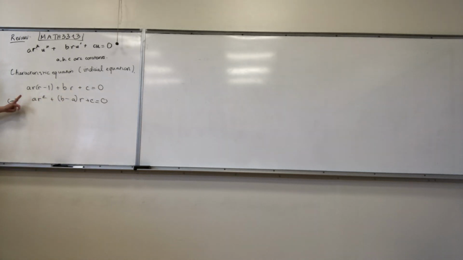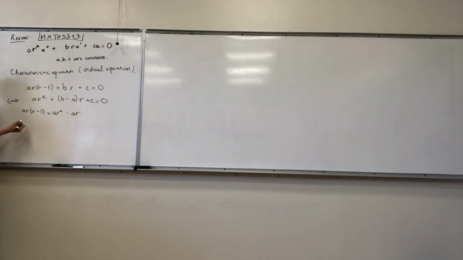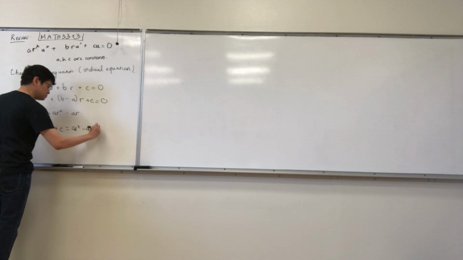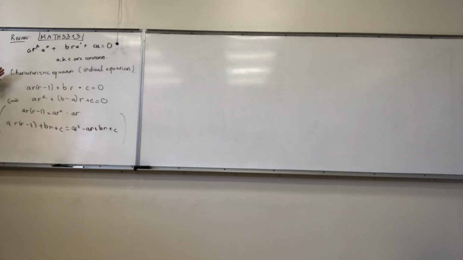You rewrite this form, you get A R squared plus (B minus A) R plus C is 0. Because A R times R minus 1 is A R squared minus A R, and so A R times R minus 1 plus B R plus C will be A R squared minus A R plus B R plus C. This is the reason. This is the characteristic equation of this equation.